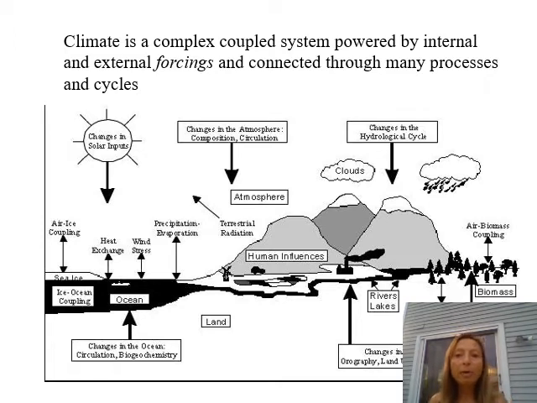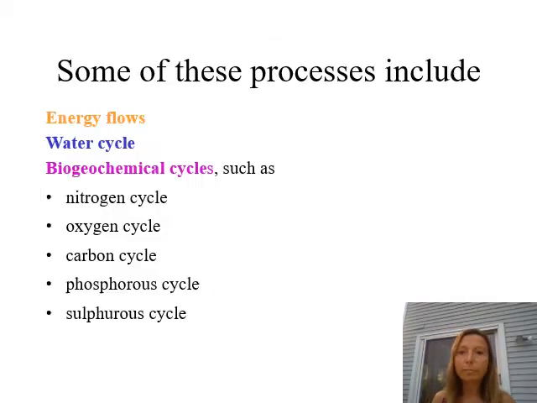In climate modeling, we will use the term coupling. The climate system is a coupled system. It includes many coupled tight connections between all these different spheres. They're interconnected through a variety of different processes and cycles.